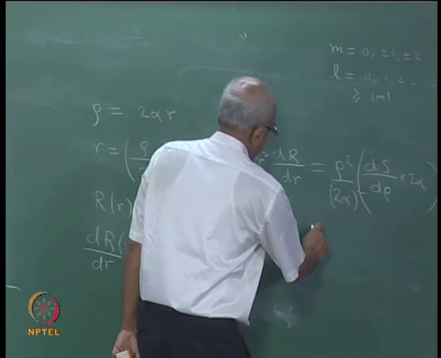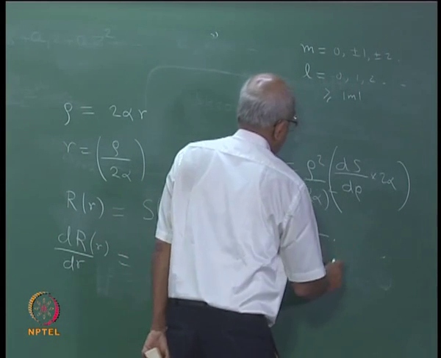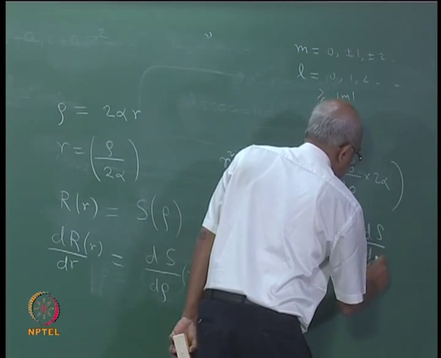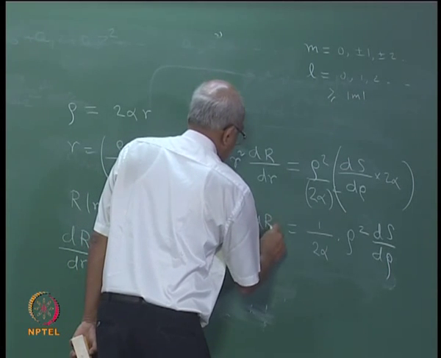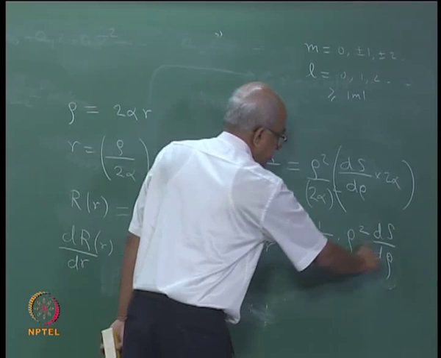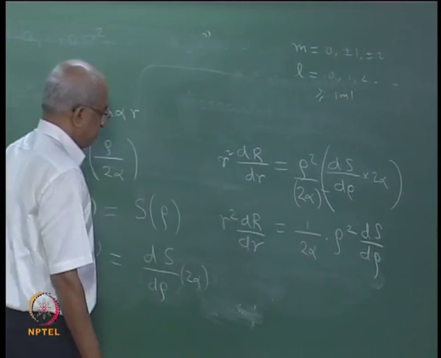So, this will be actually equal to 1 by 2 alpha rho square dS by d rho.